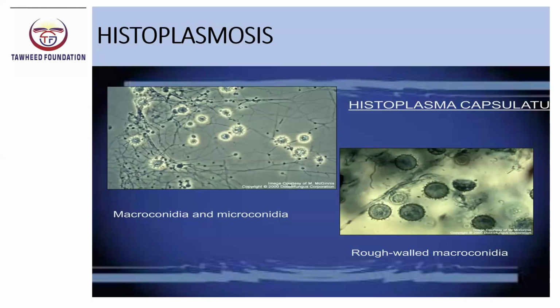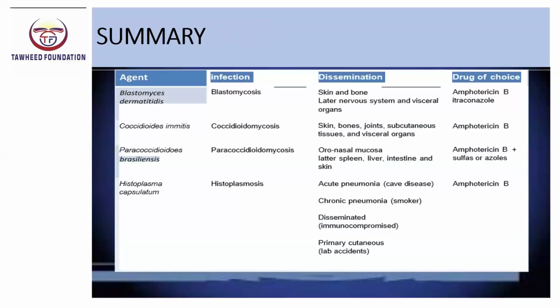The organisms spread widely throughout the body, especially to the liver and spleen, but most infections remain asymptomatic and the small granulomatous foci heal by calcification.